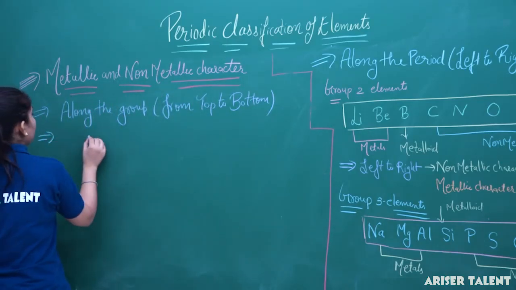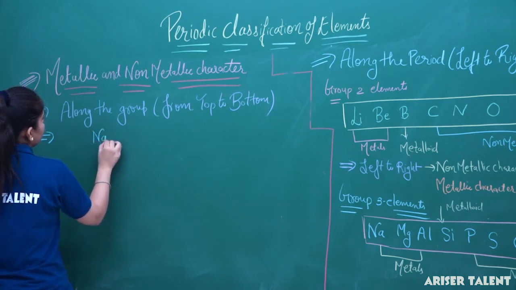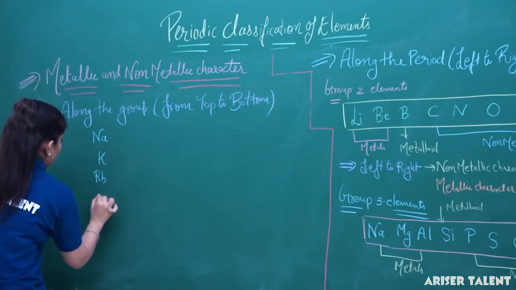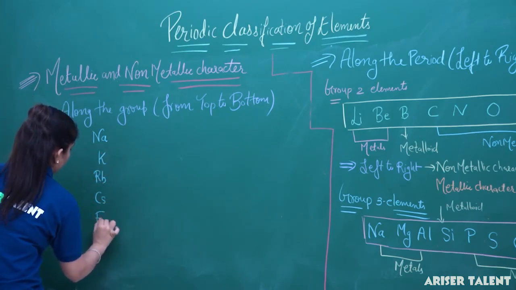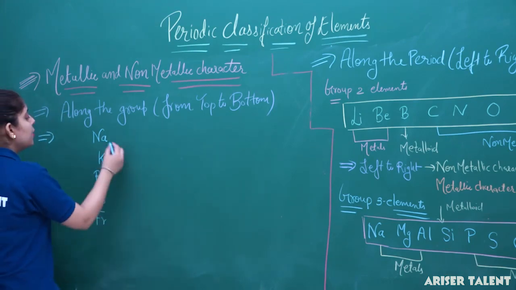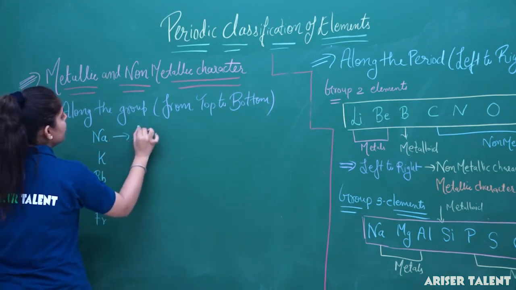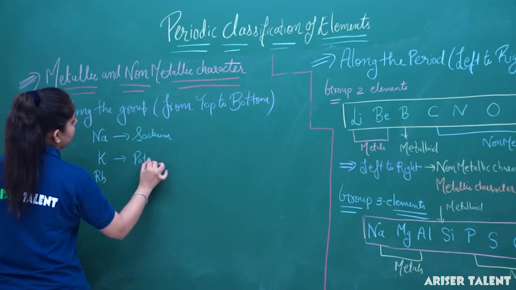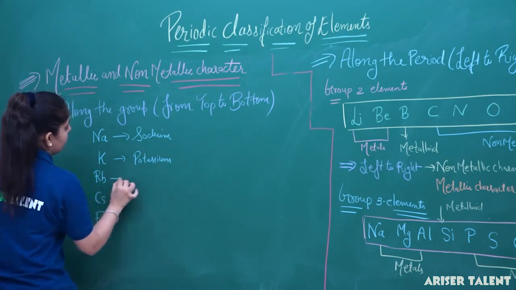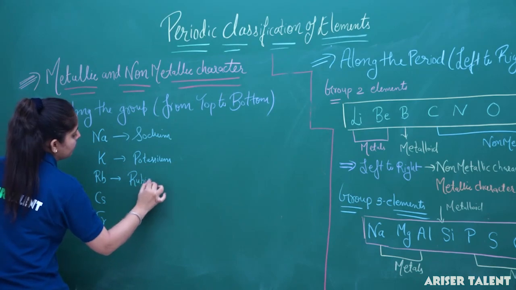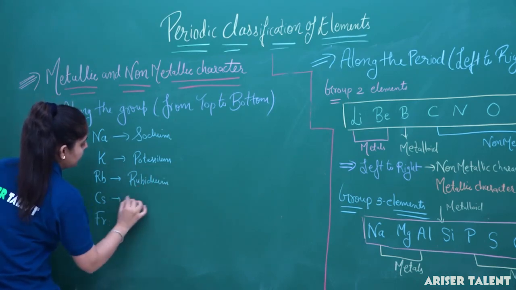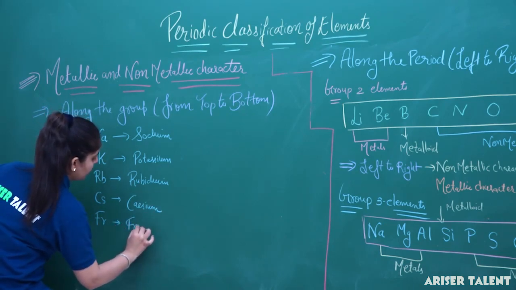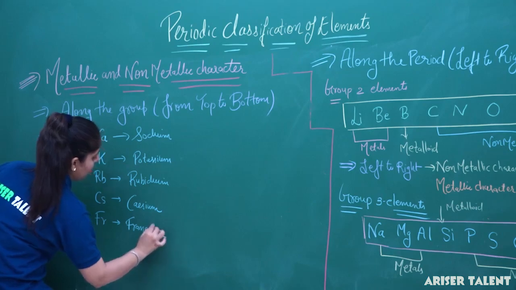Suppose we are considering the group members like sodium, potassium, rubidium, cesium and francium.